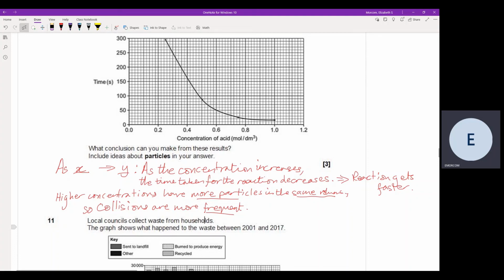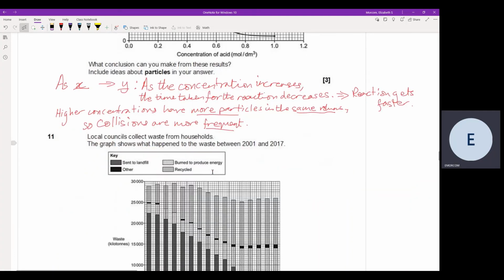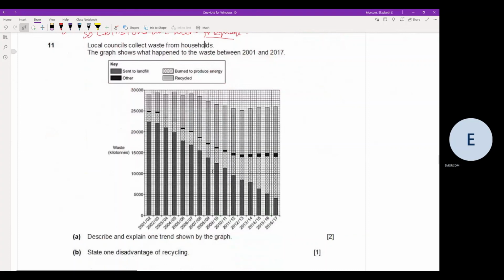Right. The next question then, question 11. Local councils collect waste from households. The graph shows what happens to waste between 2001 and 2017. Describe and explain one trend shown by the graph. So let's have a look. Dark is other, so I'll mark them off on the end.